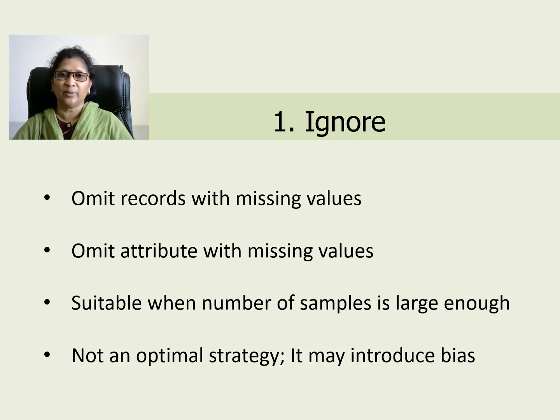But this is suitable only when we have a huge number of samples recorded. That is, we have a database or particular data set in which the number of records is sufficient to be processed and extract the patterns. If the data samples itself are fewer, then this approach doesn't work.